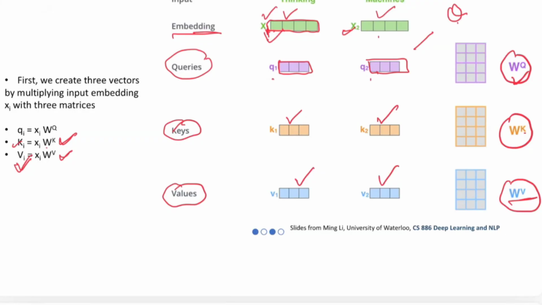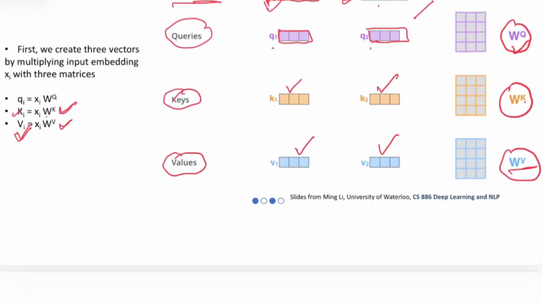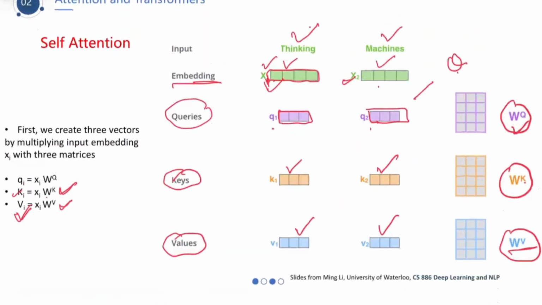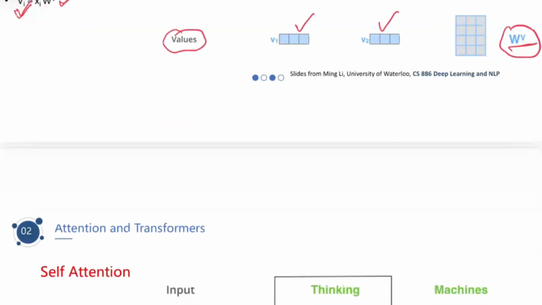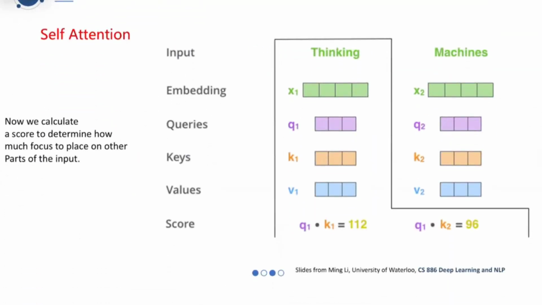Okay. Now the next thing is to find the attention matrix. Since we have two words, you know that you will get a 2 by 2 matrix. That is your attention matrix.